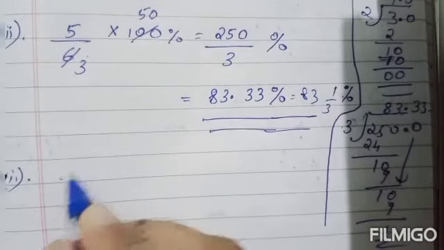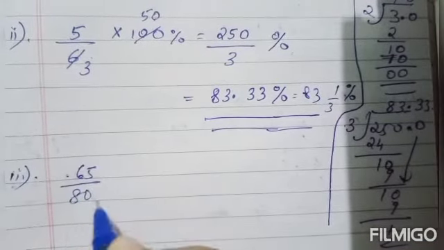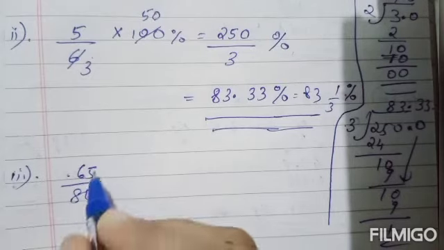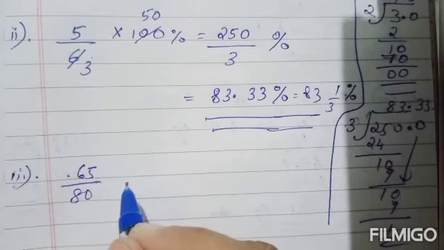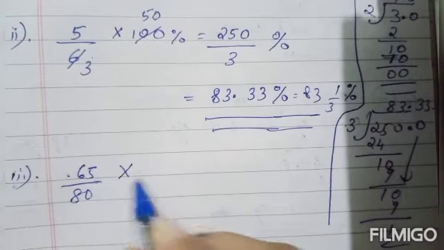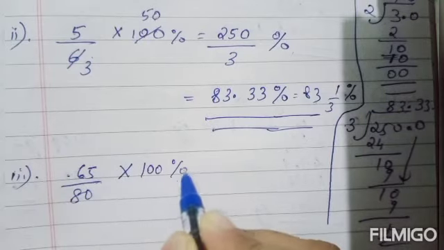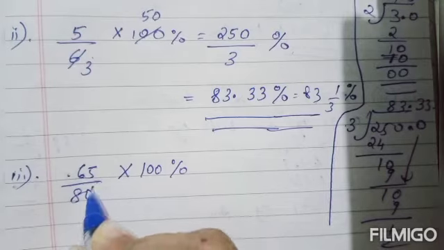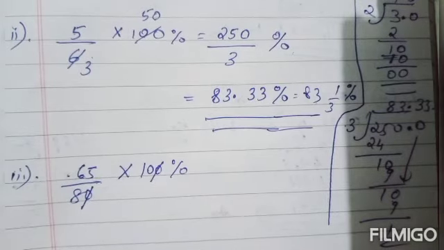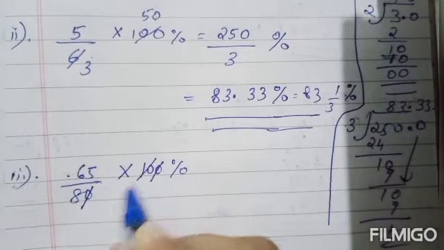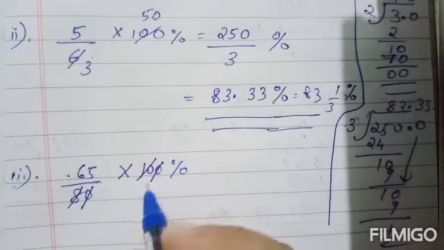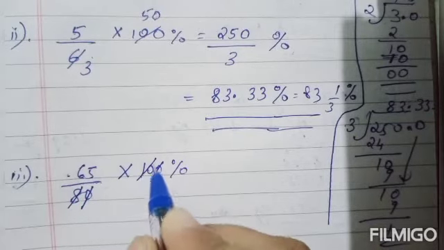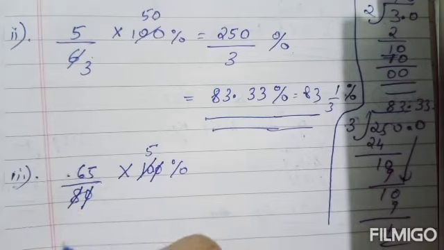Third one, 65 by 80. In order to convert this fraction to percent, just multiply it by 100%. So what will you get? 80 and 100, 1 zero we can cut. Then 10 and 8 both will go in 2. 10 divided by 2 is 5. 8 divided by 2 is 4.